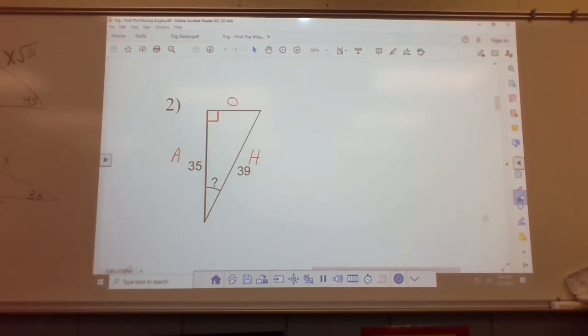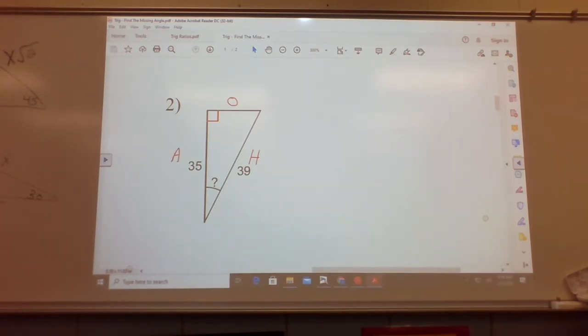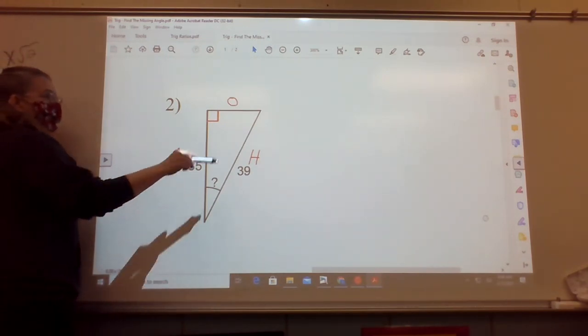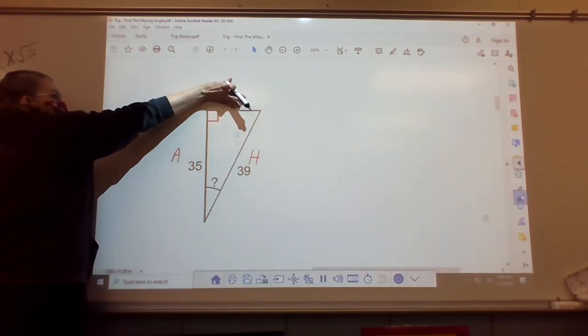Then you want to figure out which trig function am I going to have to use. So which trig function is this one going to use? The cosine. I can't use O because there's nothing there.